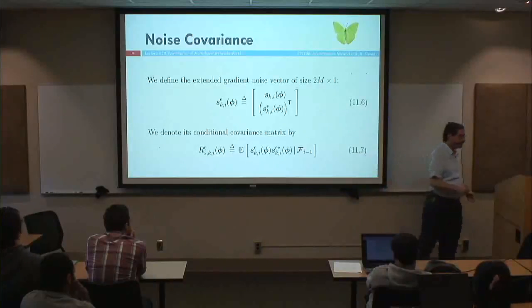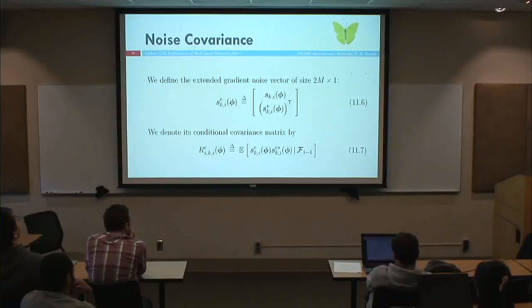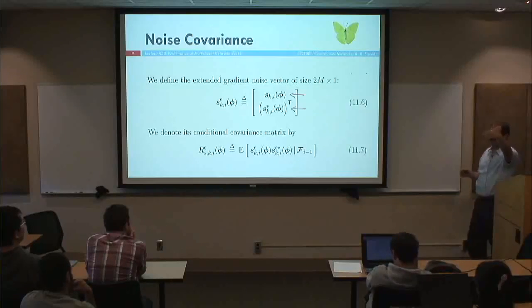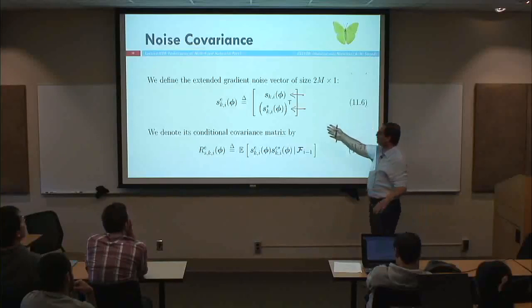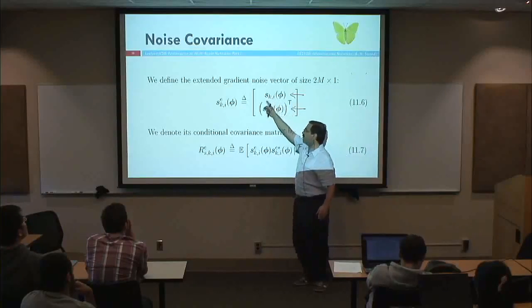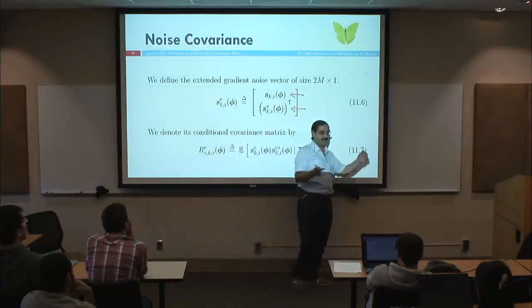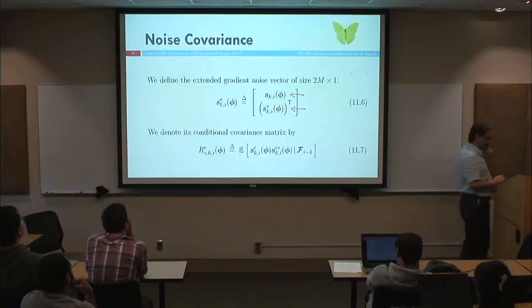So here it is, the gradient noise at agent K. You extend it to size 2m by adding the star transpose. That's all. If your data is real, you don't need to work with this. You just work with the top part and continue working with S_k,i without the extension.